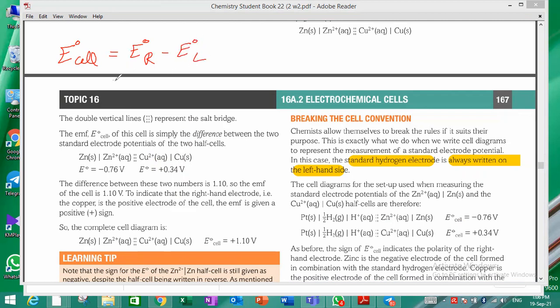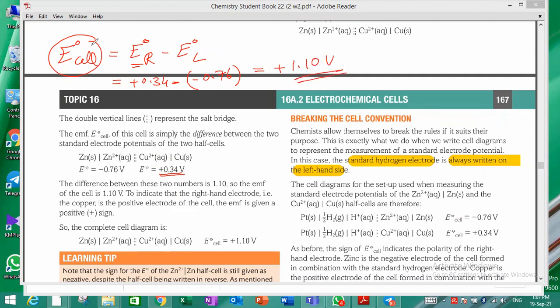It means that we write the standard electrode potential of the right-hand side electrode first, and then minus the second, which is on the left-hand side, which is minus 0.76 volt. So minus makes plus, and this means that the E°cell will be equal to plus 1.1 volt.